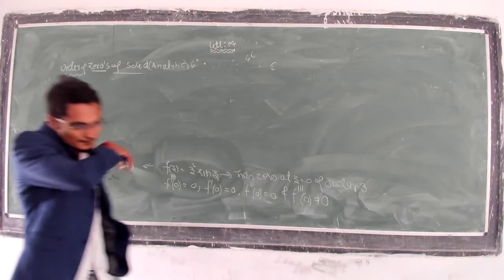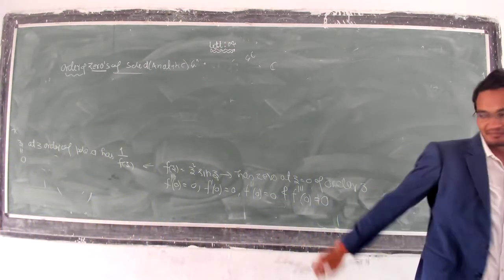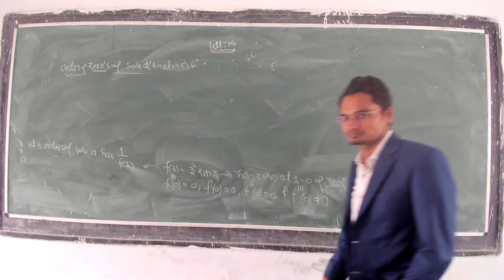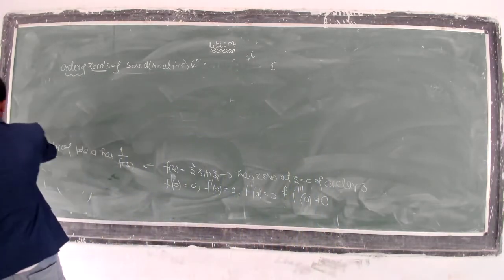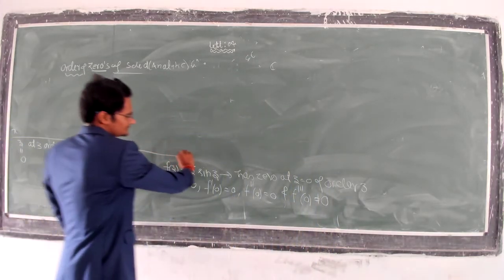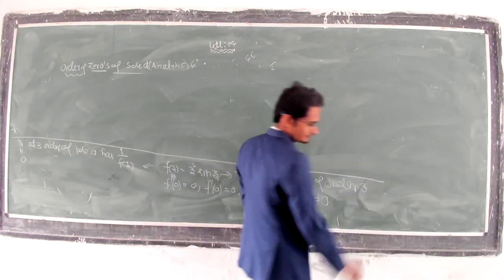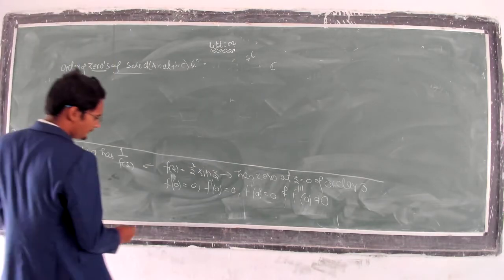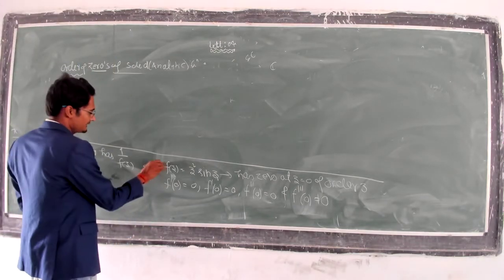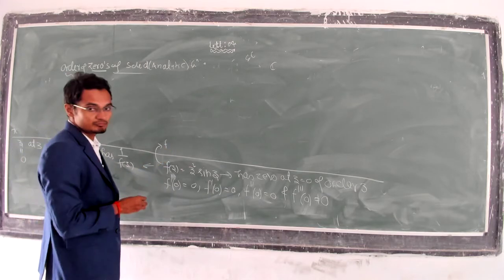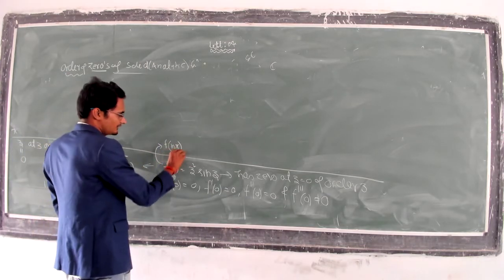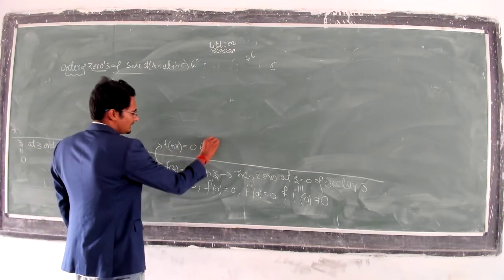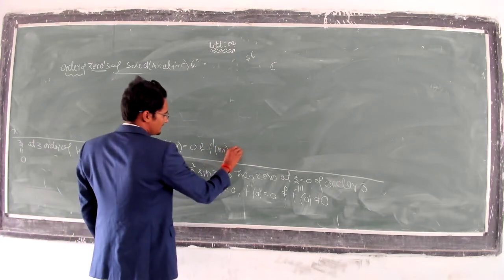Fine. So, did you calculate this? Is it the same answer or do you have a different answer? Also, this function f of n pi is 0 and f dash n pi will not be 0.